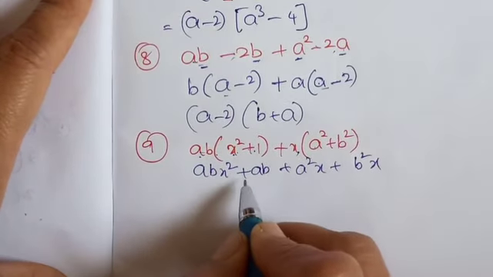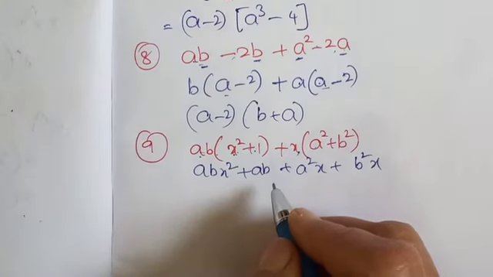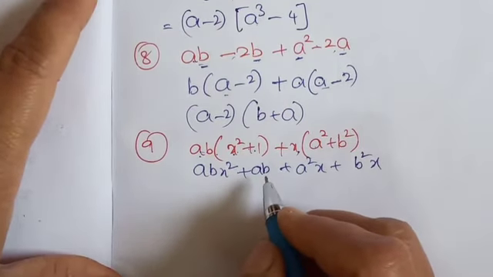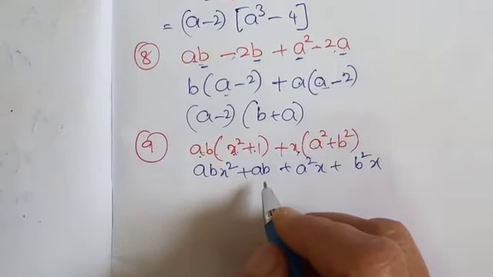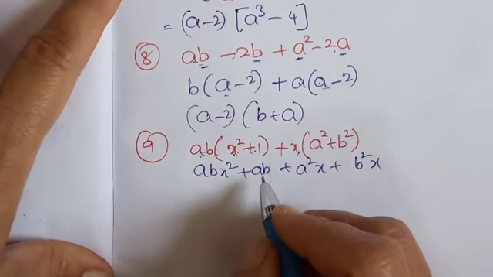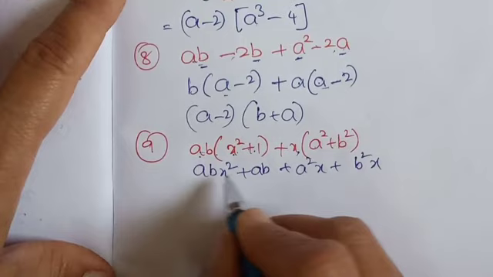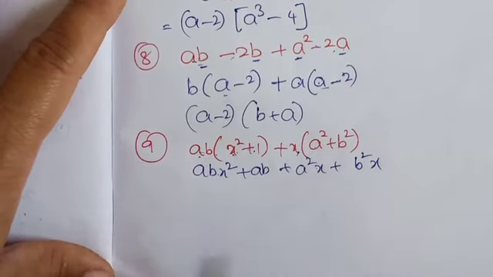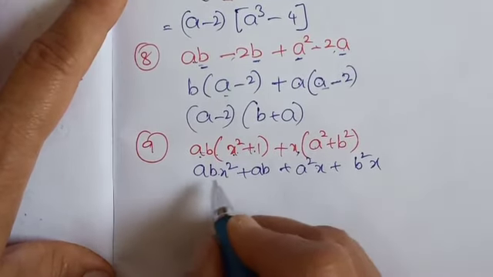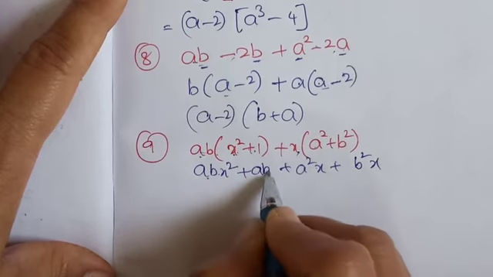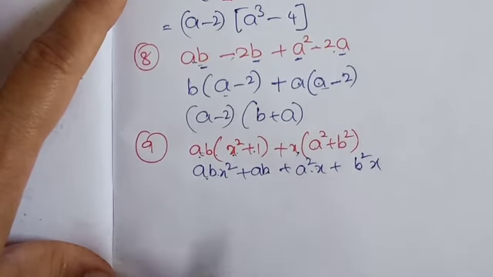Okay. Now what I have to take is common. The ninth question. Yes. So how many x terms are there here? 3 x terms. Now we will check with the ab, a², b².